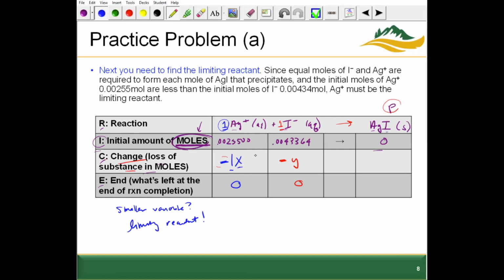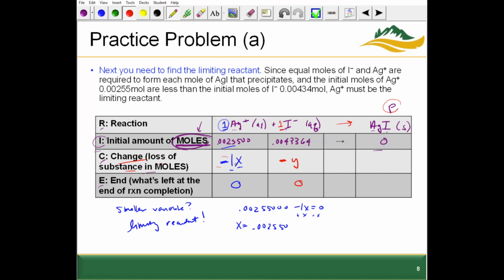We take 0.0025500, the initial moles of silver minus 1x, equal to 0. If we add x to both sides, then x is equal to 0.0025500. So that's our variable for silver.